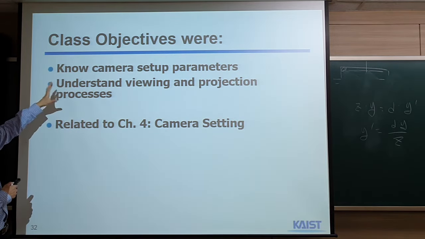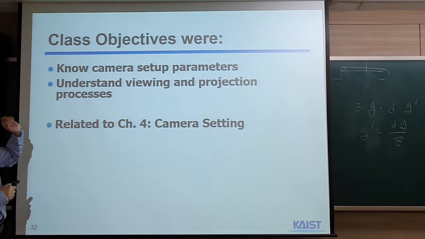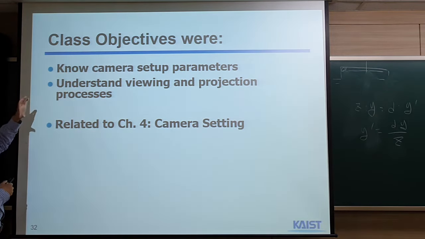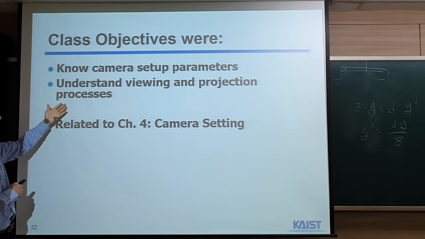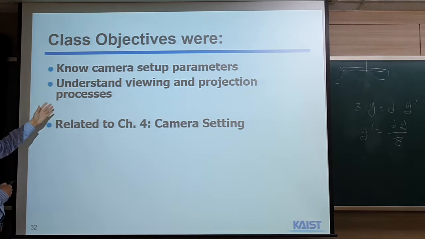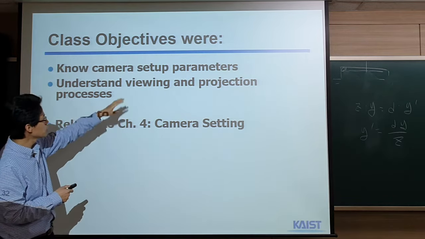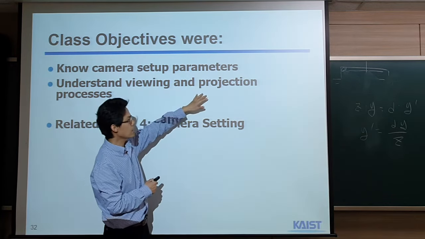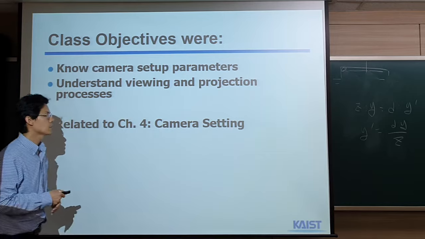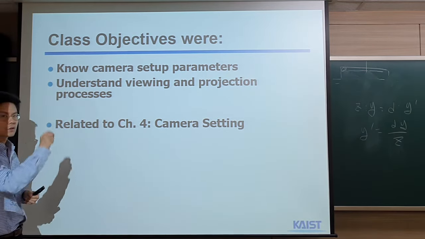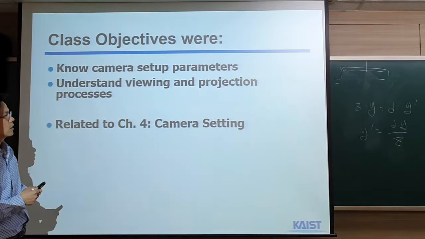Once you do that, you define this viewing transformation, and then we also talked about two different projection matrices. By combining them, starting from the world coordinate, you do the viewing, and then you do the projection matrix. That way, you have now computed this coordinate in our image space.